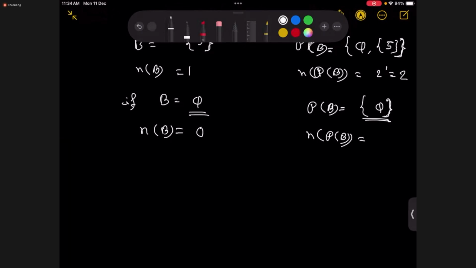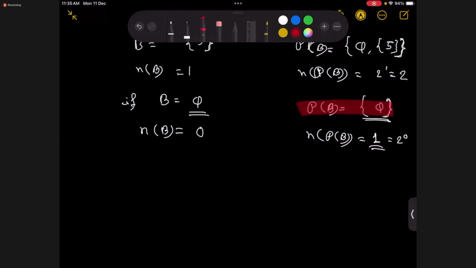This is 1, which is nothing but 2 to the power 0. Why is it 1? Because this set contains the element phi. That's why we put the second bracket, and phi is an element of this set P of B. So phi itself is nothing, and that's why n of B equals 0.